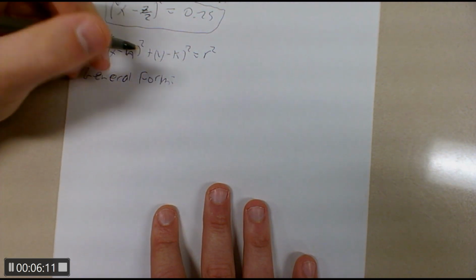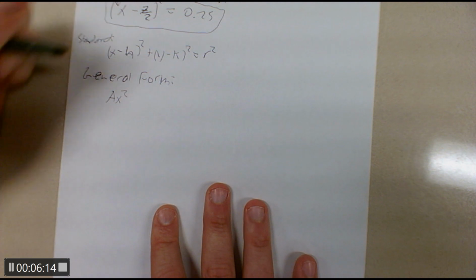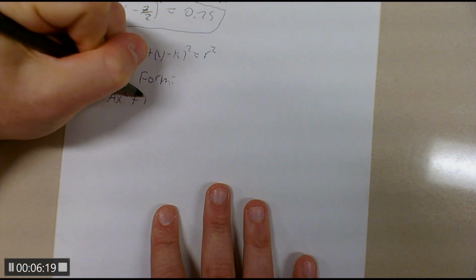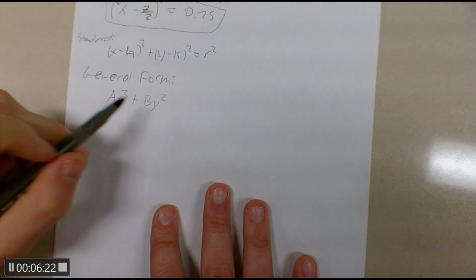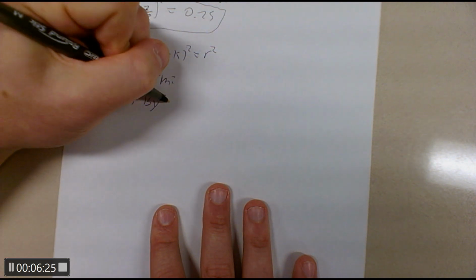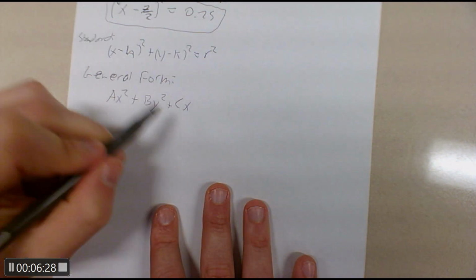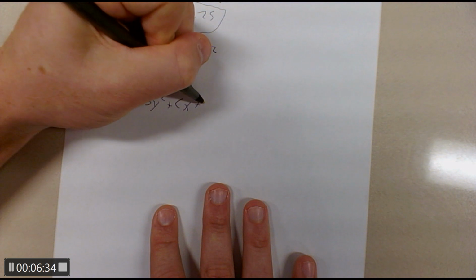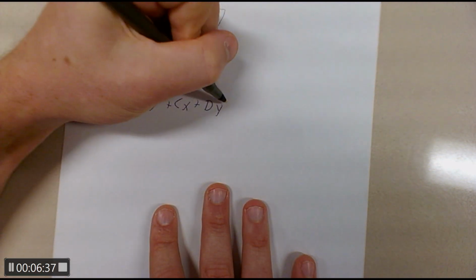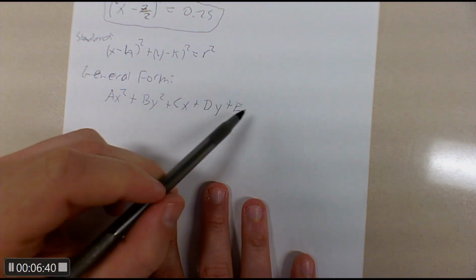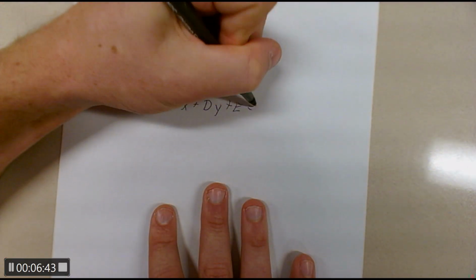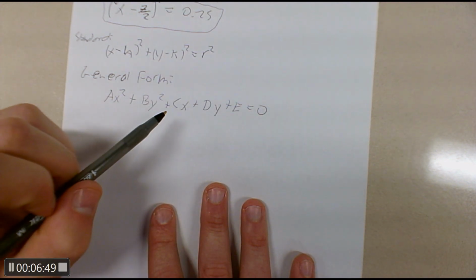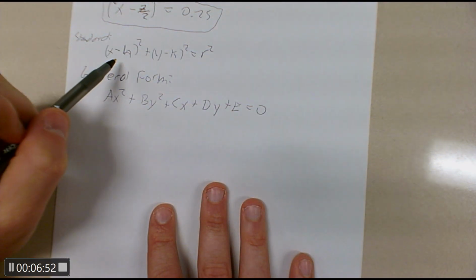How we're going to write this, it's going to be ax squared, where a is just a number, plus by squared, where b is just a number, plus cx, where c is just a constant, a coefficient, plus dy plus e. Okay? And all these numbers here are going to be equal to 0. Every a, b, c, d, and e are just numbers, and x squared, y squared, x, and y are just our variables that we get when we multiply this out.